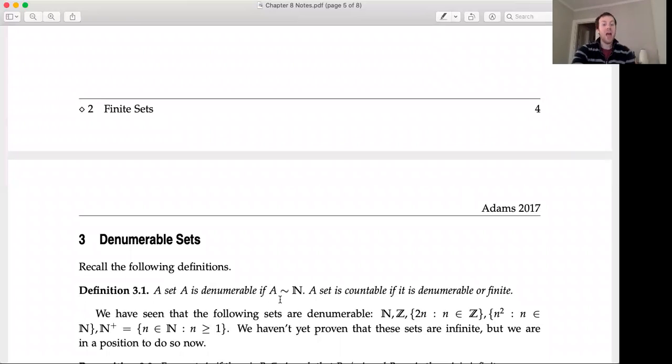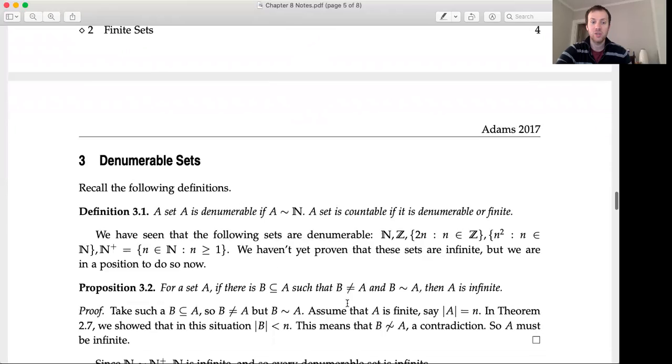So one thing that we haven't done, actually, is we haven't proved that these denumerable sets are actually infinite. But having thought about finite sets a bit, now we can actually do that.